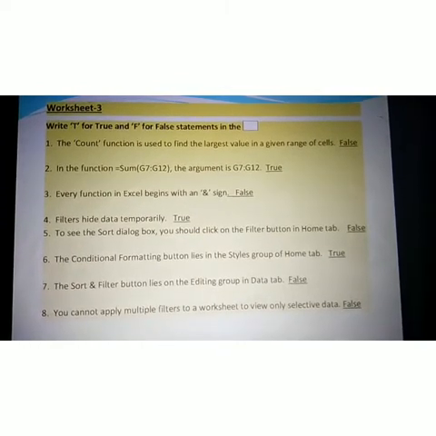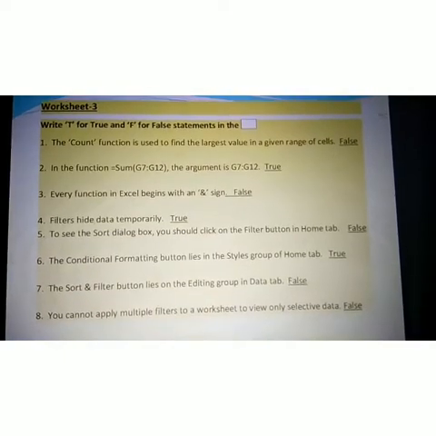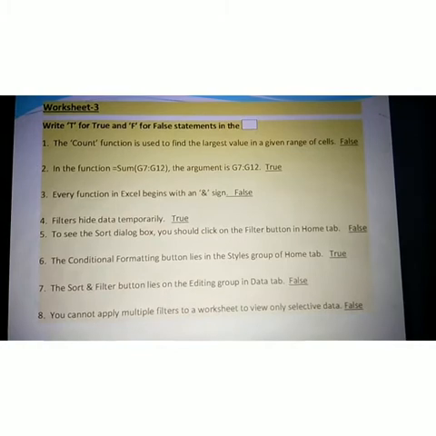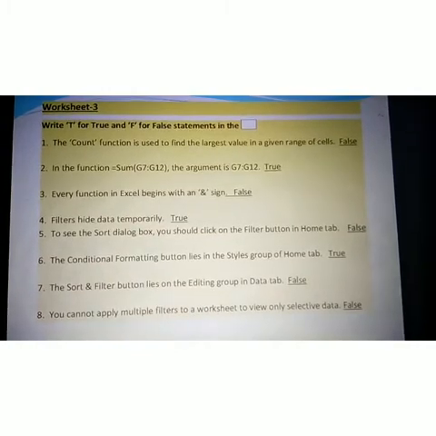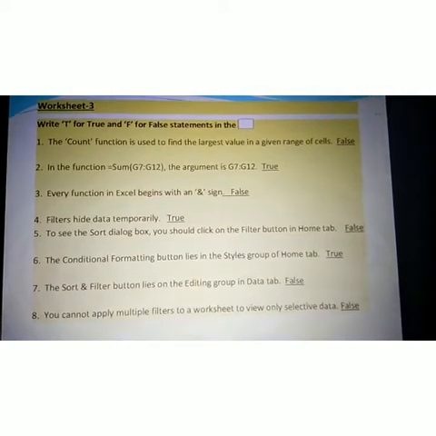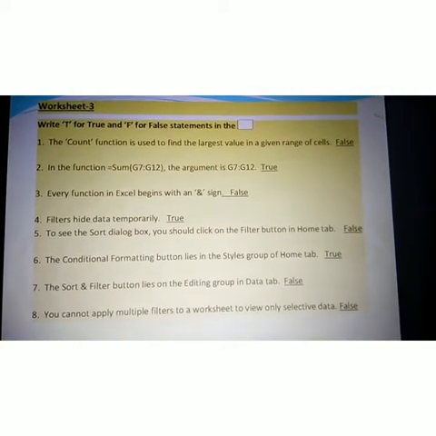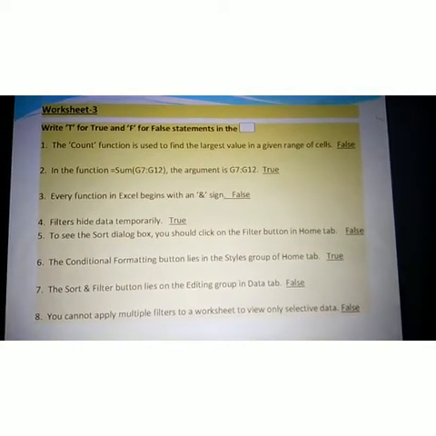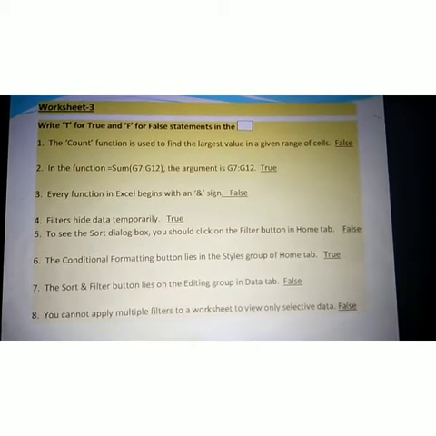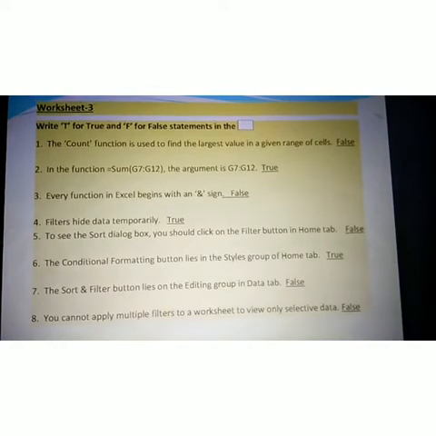No, only the equal sign. So it is false. Fourth: filters hide data temporarily. Yes, I know very well. So the answer is true. Next, fifth: to see the sort dialog box, you should click on the filter button in the Home tab. We can click in the Home tab.